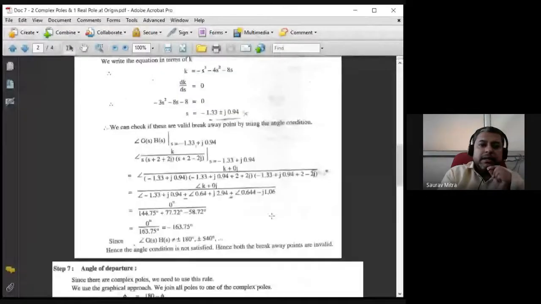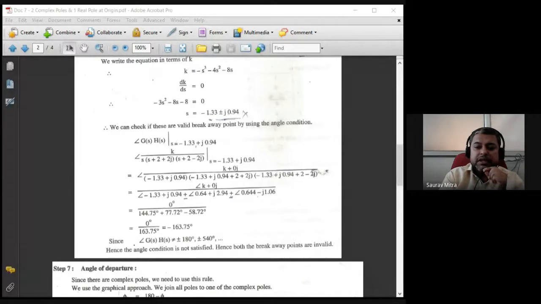After substituting the imaginary breakaway point in the GSHS equation, if we find that the angle is not a multiple of 180, the condition is given here.